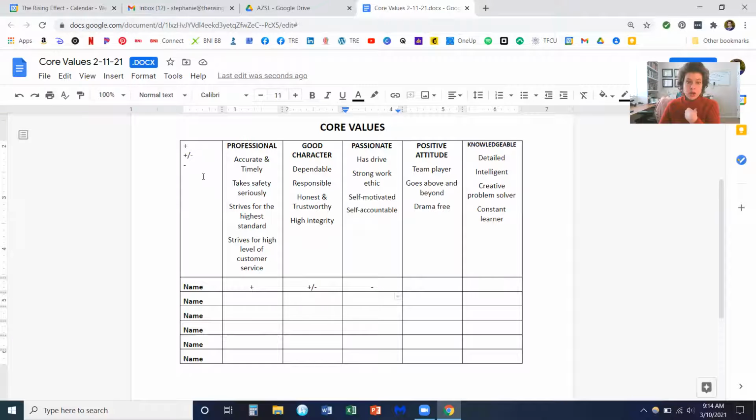So their name can go somewhere up here, and whomever is evaluating them, whether it's the owner, direct supervisor, if they work on a team, their team can evaluate them, they can evaluate themselves. So all of the information gets plugged in here, and then when you evaluate them, you can go over very specific examples of how they do or don't exhibit the core values that are central to your company.